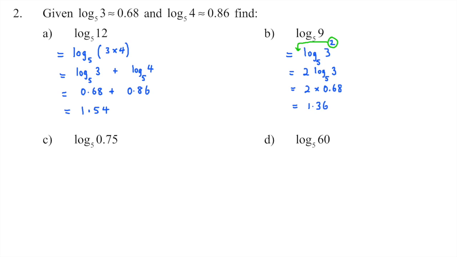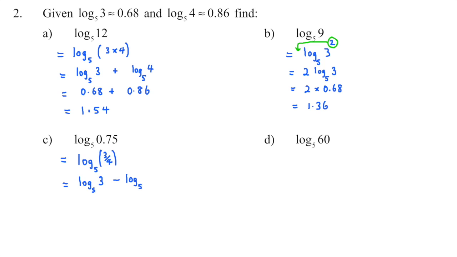Let's try part C. Now this is a bit trickier, 0.75, but if you convert 0.75 into a fraction, it is just 3/4. And if I think of it as the log to base 5 of 3/4, I can break it up into two parts because there's a fraction of 3/4 there.